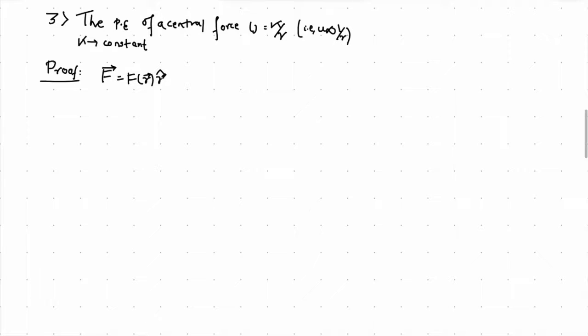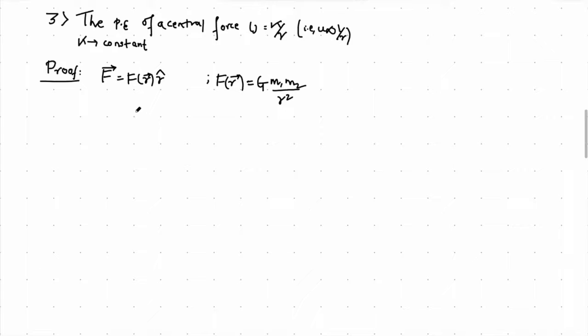Now this force F of r bar will be equal to G m1 m2 divided by r square. So this would be a force, and we can use this relation.